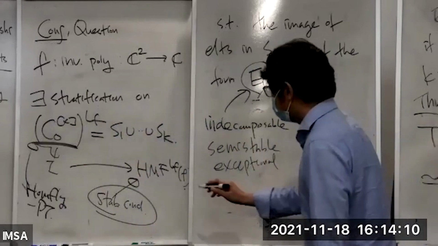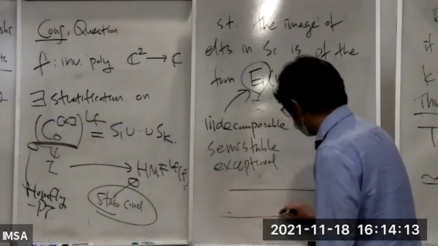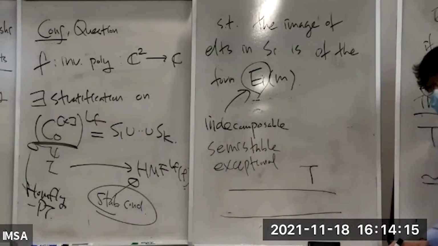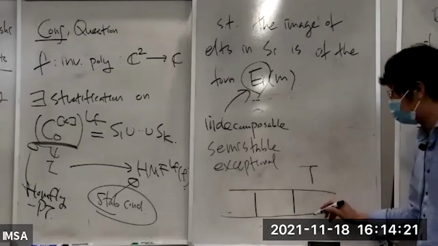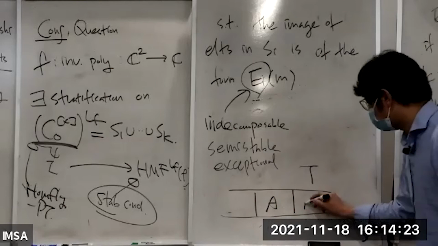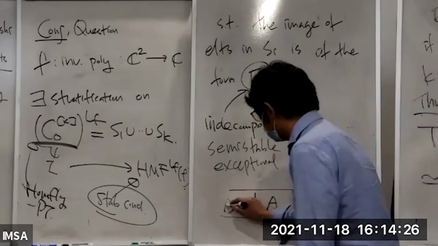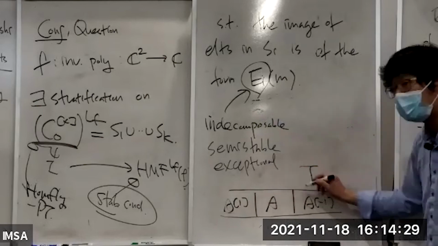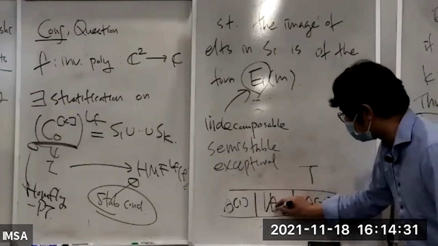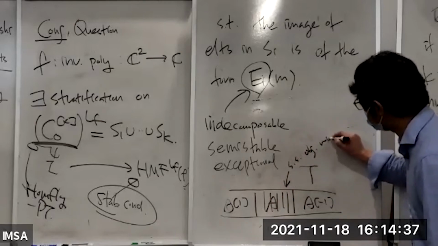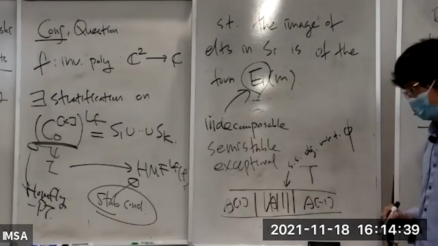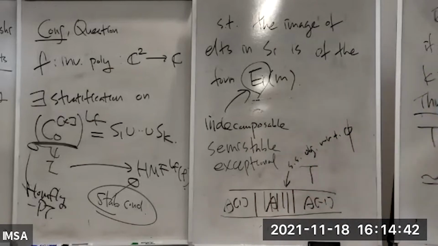This Bridgeland stability condition makes the triangulated category into hearts: the heart, the heart shifted by -1, the heart shifted by 1, and so on.